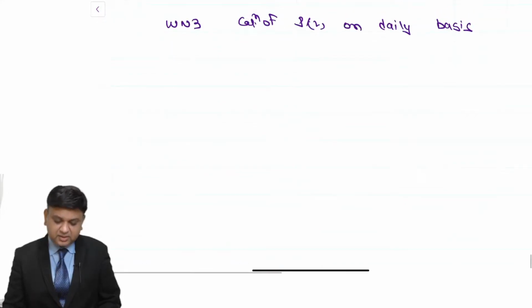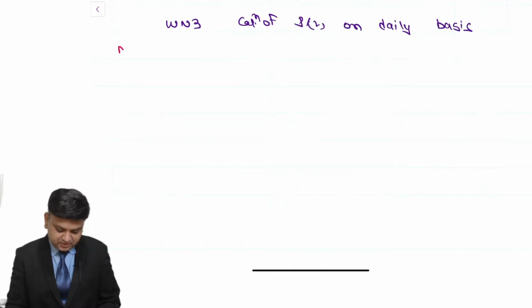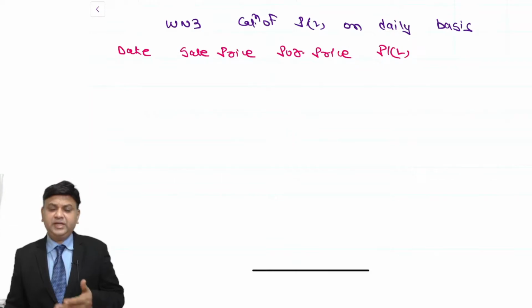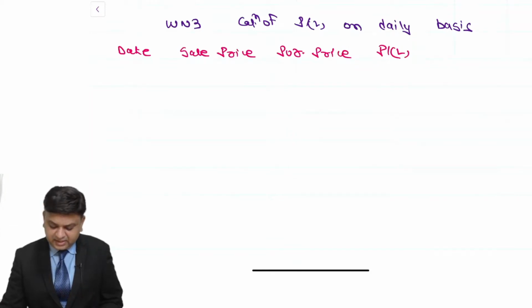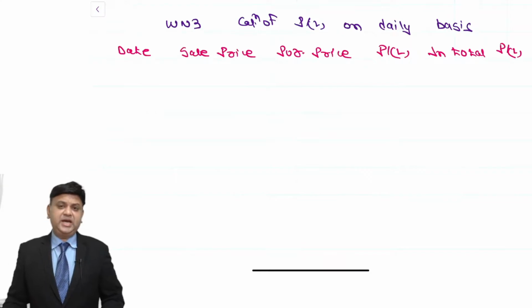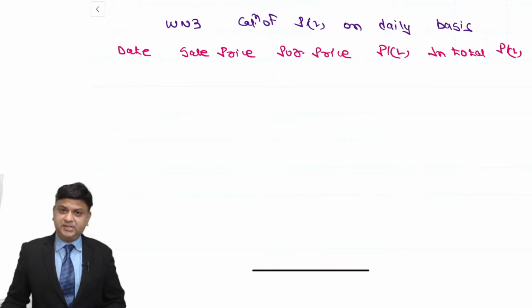So in that, again the column number 1 is date, column number 2 is sale price, column number 3 is purchase price, then profit or loss for every 1 unit, and then in total profit or loss. That is taking into account the lot size and the number of contracts.